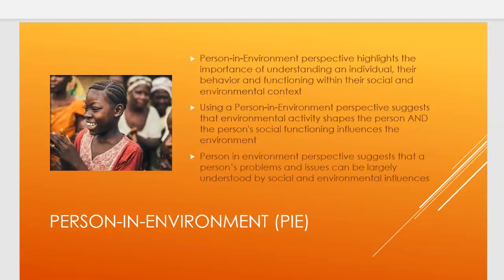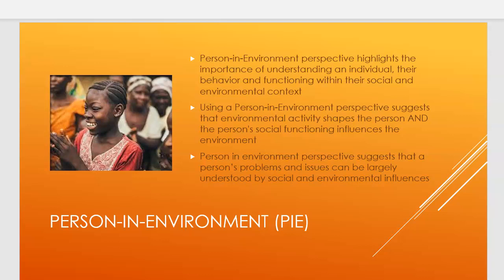The concept of person in environment, or PIE, is basic, foundational in social work. So the person in environment perspective highlights the importance of understanding the individual in their own social context, which includes their behavior as well as how they function within their social and environmental settings.